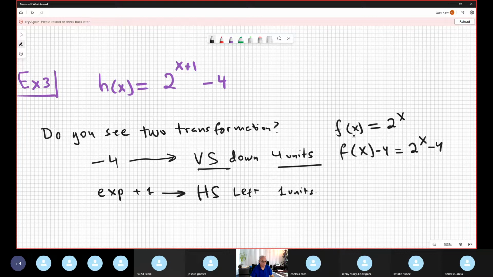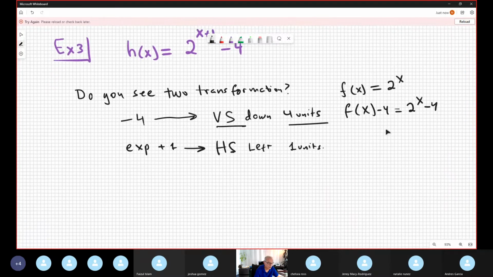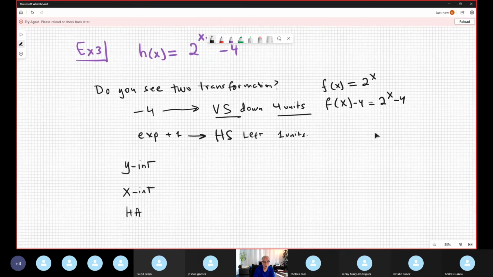Now, one more, we can do that. In order to do the graph, okay, we can do the table, but no, I do not recommend the table. I recommend, for example, finding the y-intercept, finding the x-intercept, which are typical points, and finding the horizontal asymptote. Okay. And the y-intercept is the same formula that you know very, very well. You evaluate the function at 0.